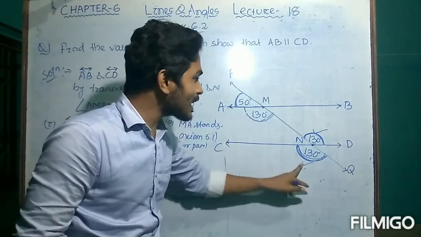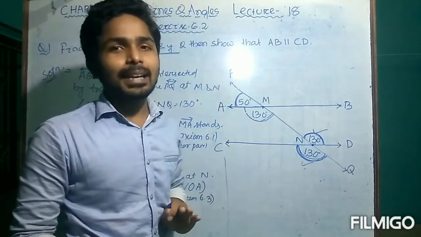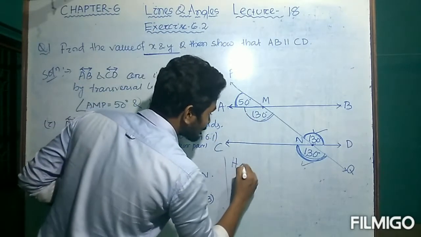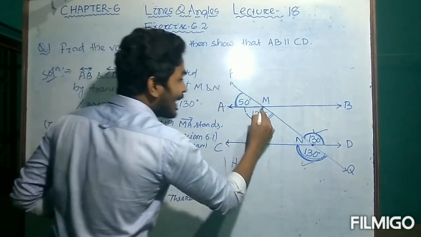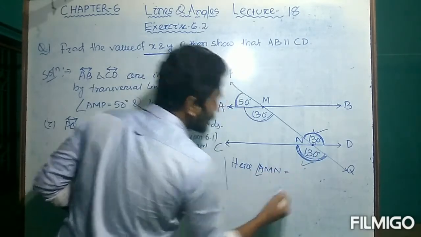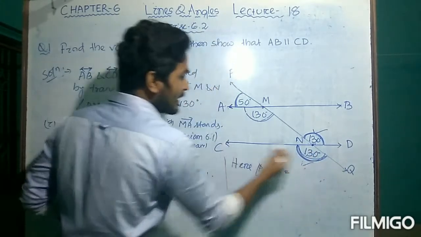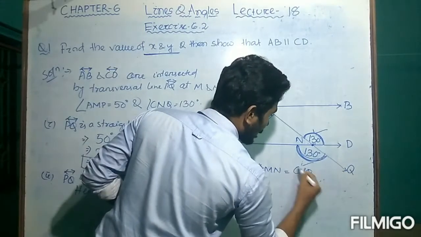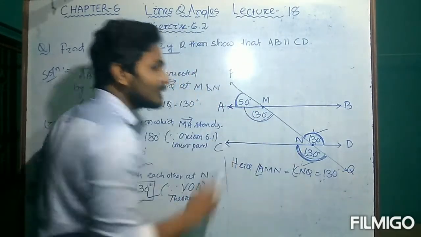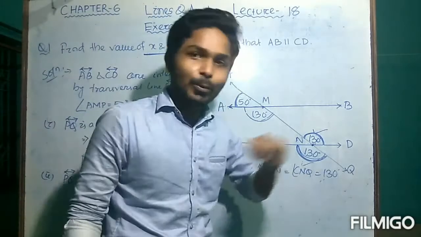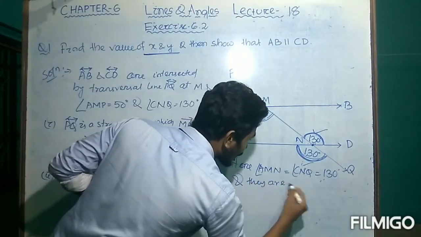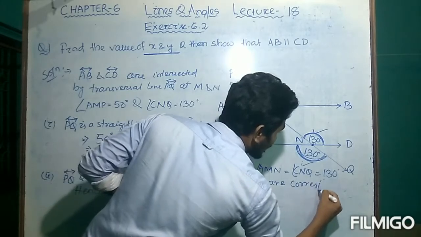Hence, these two angles are a pair of corresponding angles. So you can write here angle AMN is equal to angle CNQ, which is equal to 130 degrees. Both are 130 degrees. That means both the angles are equal and they are corresponding.